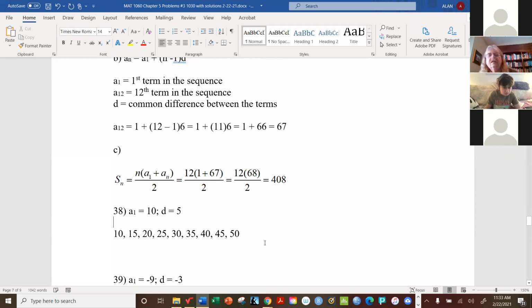Now, the fun one. There's something about 5s and 10s that are so natural. Why do you suppose the 5s and 10s make so much sense to us? Fingers and toes, that's right.